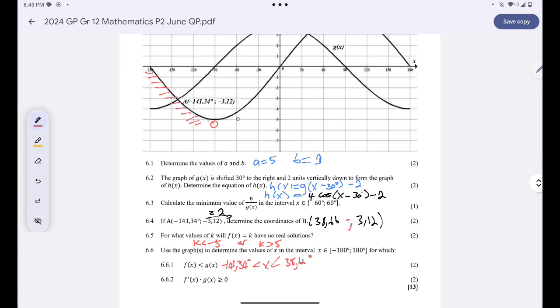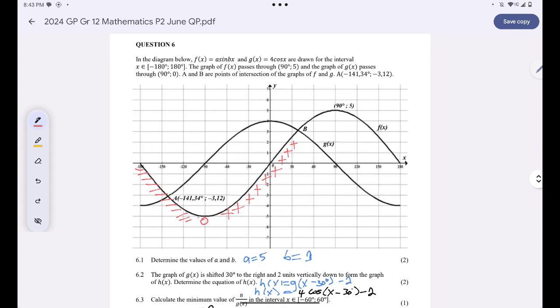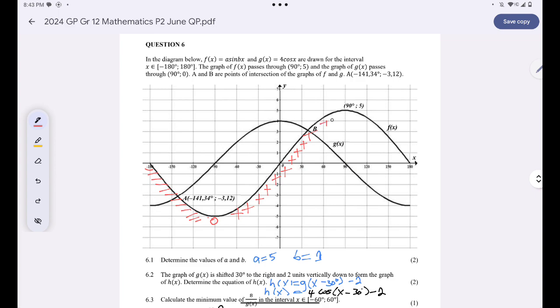But whenever my graph is going up, my gradient will be positive. Then it will be 0 at the turning point. When it starts to go down, it simply means my gradient is negative. F prime just represents the gradient of a graph, right?